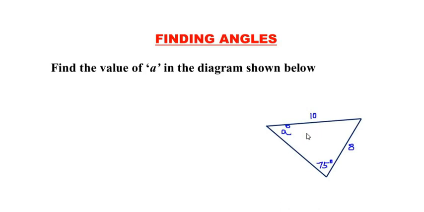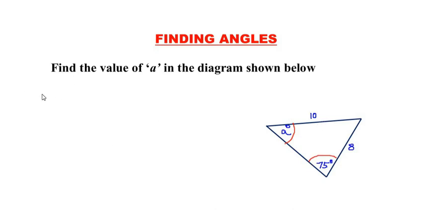For the sine rule we should have two sides and an angle opposite to one of the sides, or two angles and one of the sides given. Here angle A is what we need to find, and its opposite side is given, and angle 75 is given and its opposite side is also given.